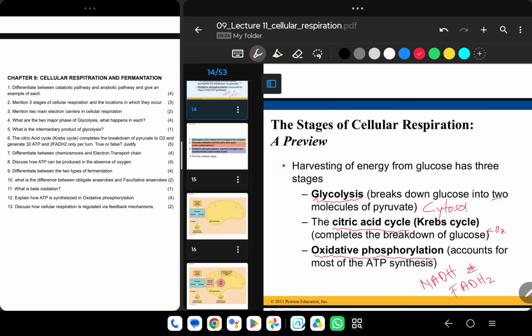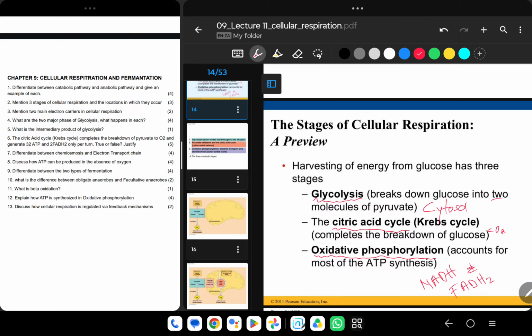What happens in each is that the anaerobic glycolysis occurs in the absence of oxygen, and the aerobic glycolysis occurs in the presence of oxygen, and it results in the formation of carbon dioxide and water through the citric acid cycle, where it also uses acetyl CoA to enter the citric acid cycle.